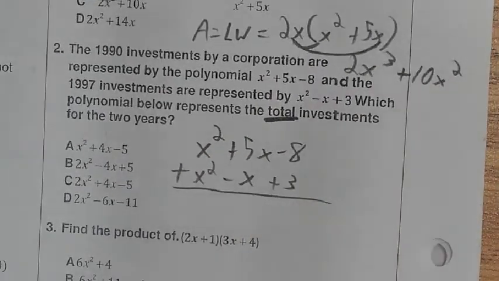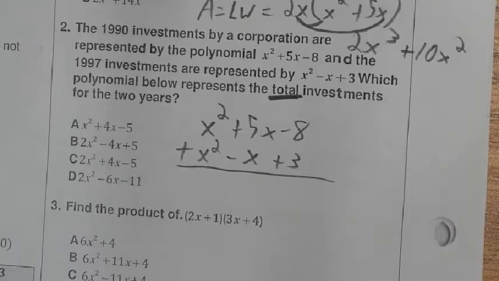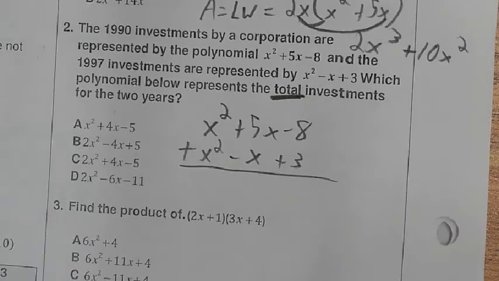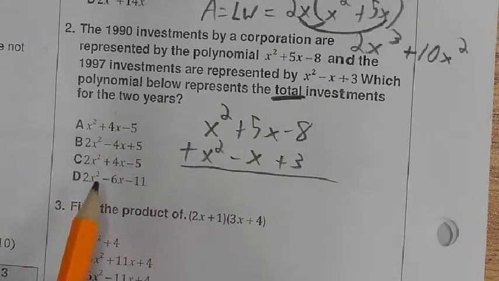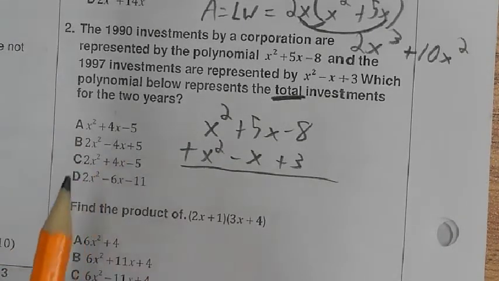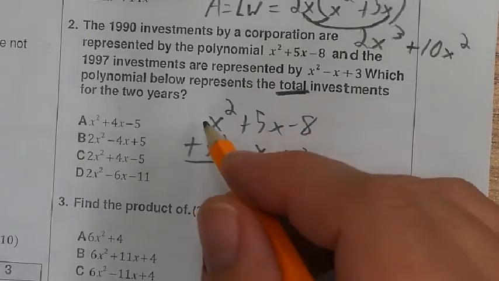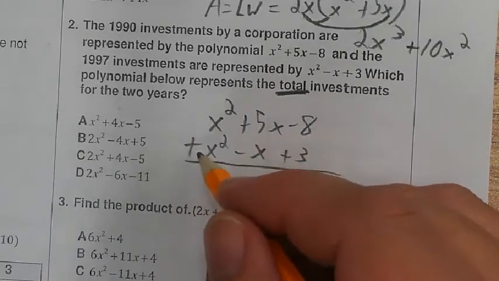What I like about doing this is everything's lined up. What is x squared plus x squared? Do you see x to the fourth as one of your answer choices? So we know it's not that. If you have one apple and you have another apple, how many apples do you have together? 2 apples.